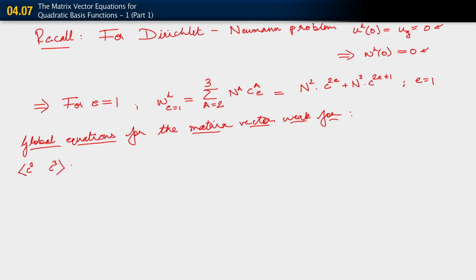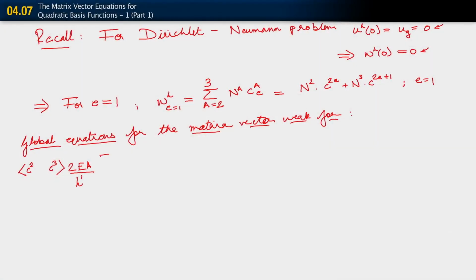We have 2E A over h1. We're assuming here, of course, that E and A are uniform, not only over each element, but also between elements, effectively over the entire domain. There is nothing preventing us from developing the more complicated formulation where E and A are allowed to vary with position. Now, what we get for the matrix contribution here is a matrix that is not square, but has only 2 rows.